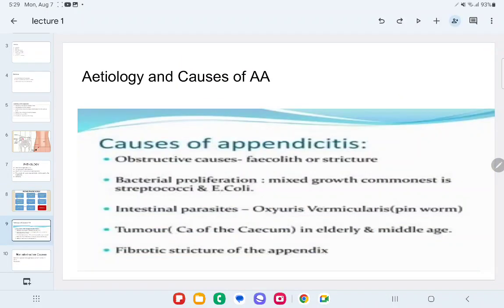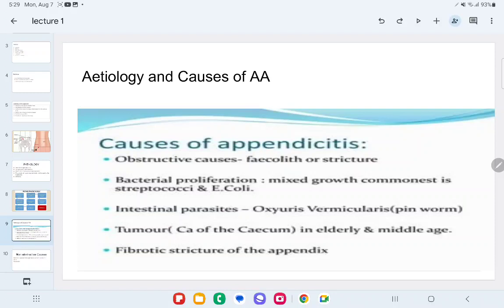Etiological factors, as we said, of acute appendicitis are either obstructive causes or non-obstructive. Obstructive causes are either a fecalith or, in elderly patients, a stricture because of fibrosis. Non-obstructive is due to bacterial proliferation. Mixed growth, commonly streptococci, Streptococcus faecalis, and E. coli, are the most common.